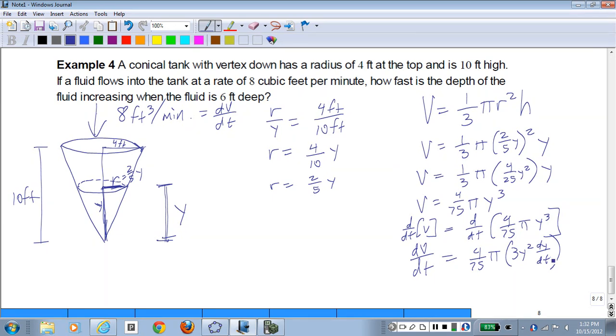Divide the 3 into 75, 3 goes 25 times into 75, and we have dV/dt equals 4/25 pi y squared dy/dt.